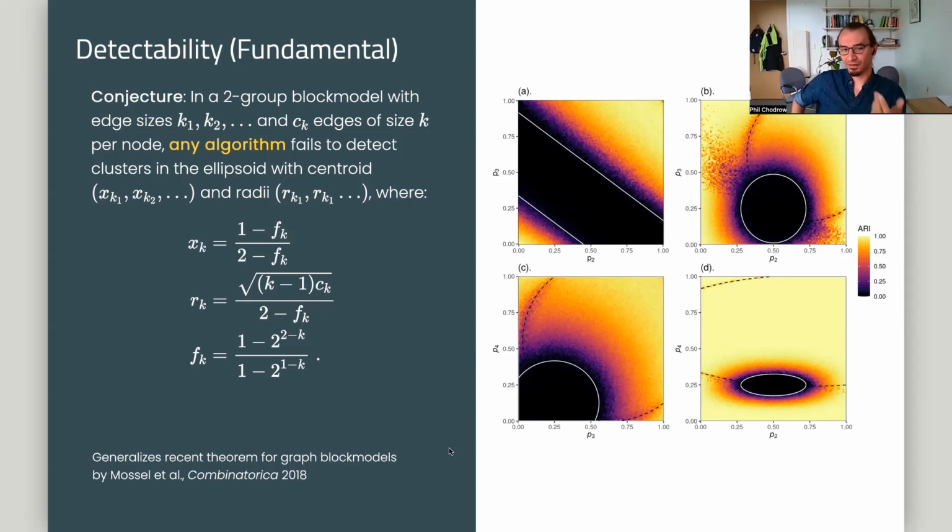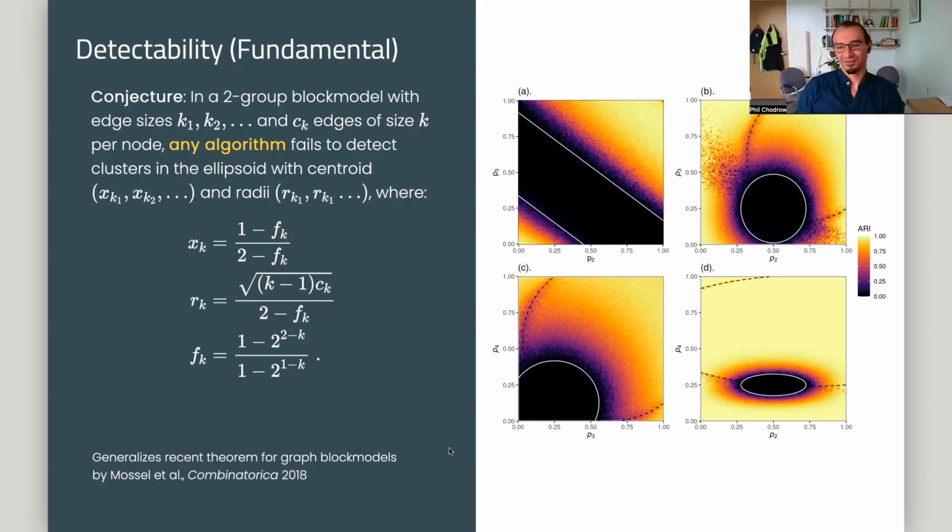Inside that ellipse, as n grows large, no algorithm is going to be able to reliably recover clusters that are even correlated with ground truth. So that's a conjecture that, again, we have not proved. We're basing that on an analogy with what's known about the graph case. And if anyone is really, really into probability and wants to take a shot at proving that, then we would love to admire and later cite you. So please consider that a second open challenge.